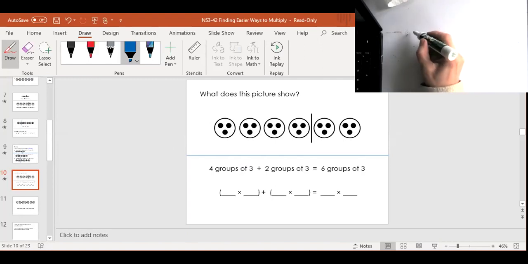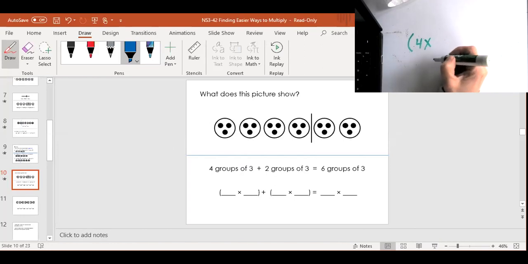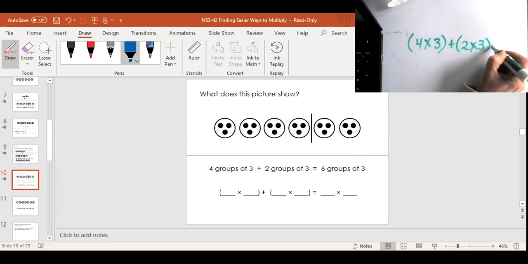So I'm going to write it like that. 4 groups of 3 plus 2 groups of 3 equals, and altogether there's how many groups? 1, 2, 3, 4, 5, 6 equals 6 groups of 3.